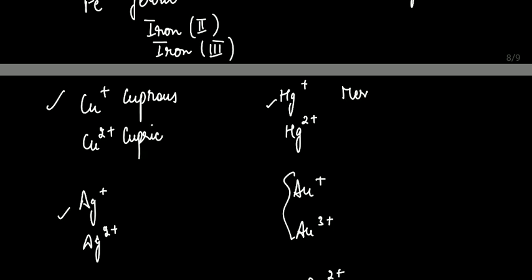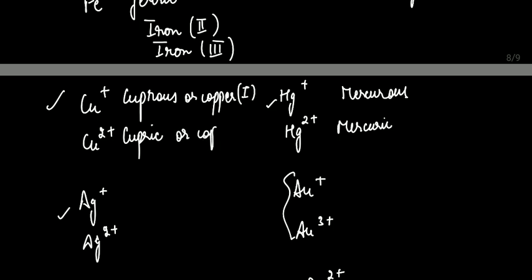Then over here, mercurous, mercuric. Or we can write it like this: copper with Roman numeral 1, Roman numeral 2, mercury with Roman numeral 1.